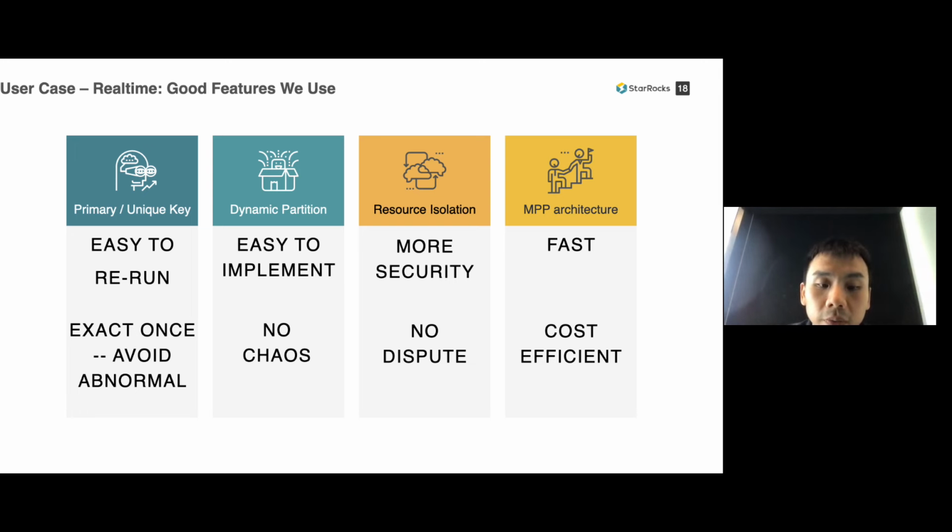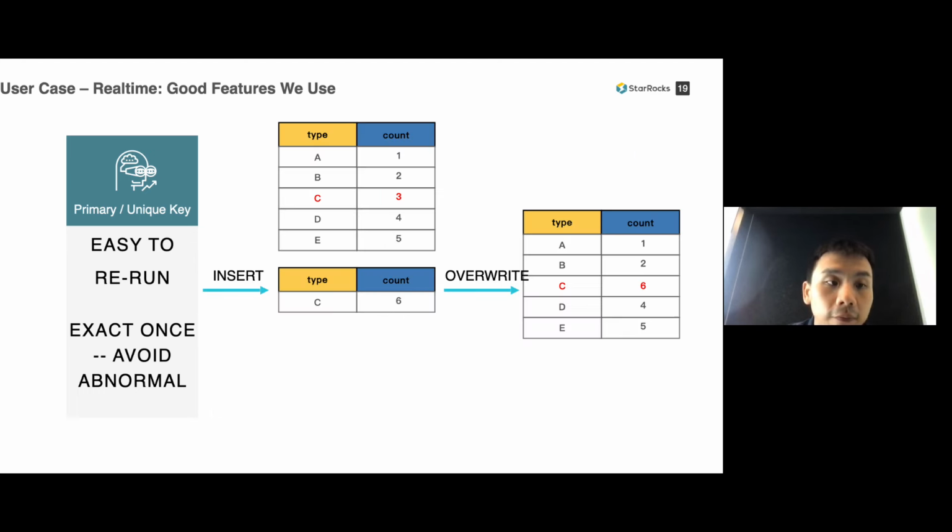I think those are very helpful. I will not touch the details about it. I will talk about the first three features. For the primary and unique key, which helps us to rerun the job easily and also avoid abnormalities.